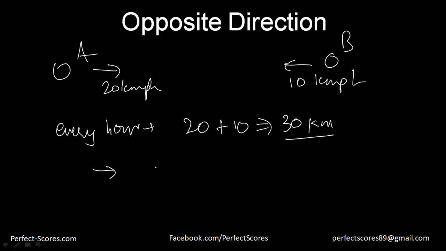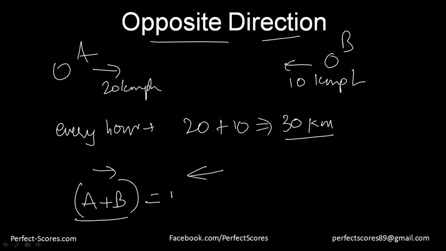So when the objects are coming towards each other, or traveling in opposite directions, the speeds get added. That is what the relative speed is equal to when the objects travel in opposite directions.